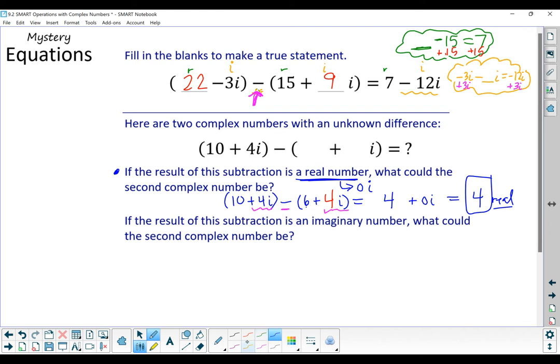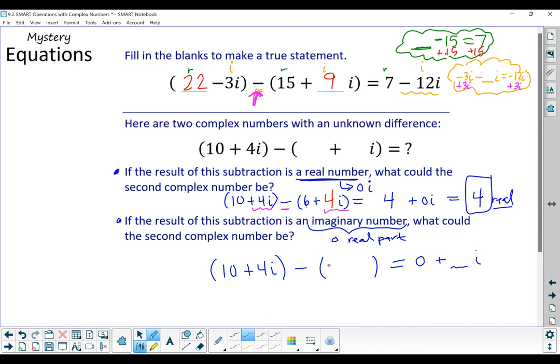Okay, the second part says if the result of this subtraction is an imaginary number, like a pure imaginary number with 0 real part, what could that second complex number be? Well, let's think about it. 10 plus 4i, and we're going to subtract something, and we want to get a 0 real part plus some imaginary part.